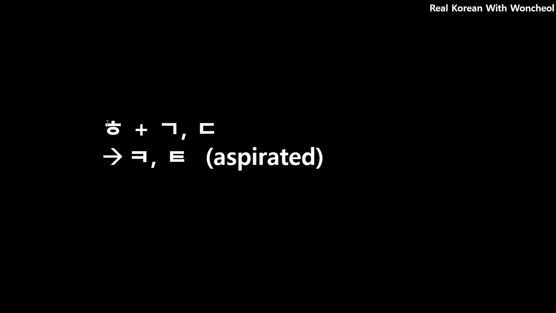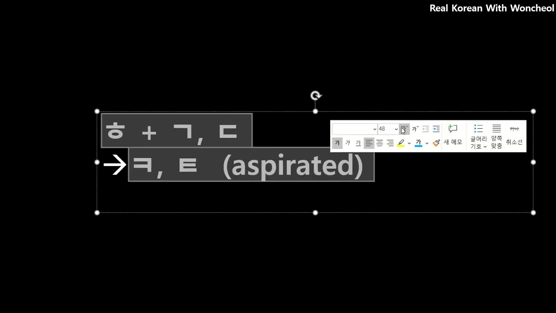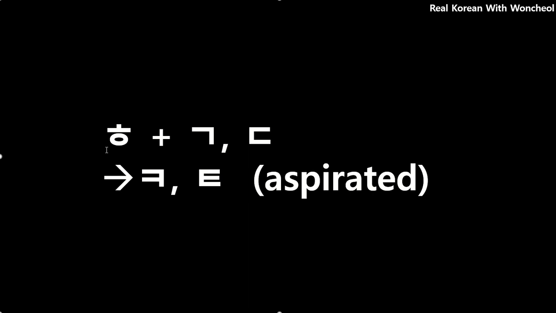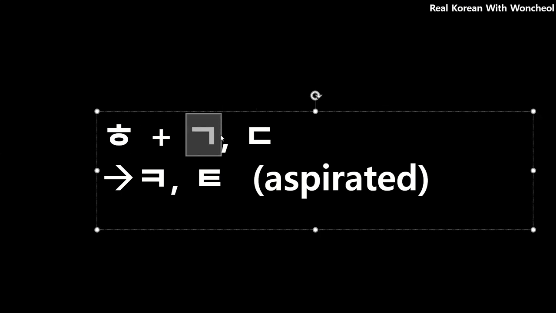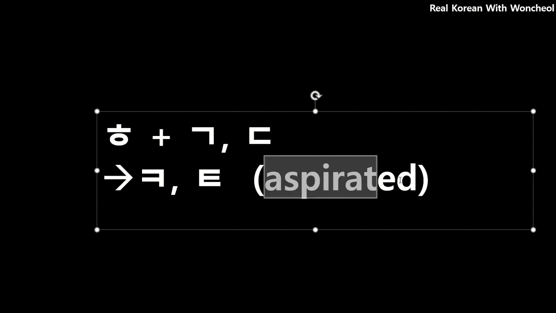And rule number 4. Sorry, there are too many rules. Rule number 4 is here. Oops, let me make it bigger. H consonant and 기억, G sound, or D sound consonant, if you put them together, then it's K sound or T sound aspirated. It becomes aspirated.